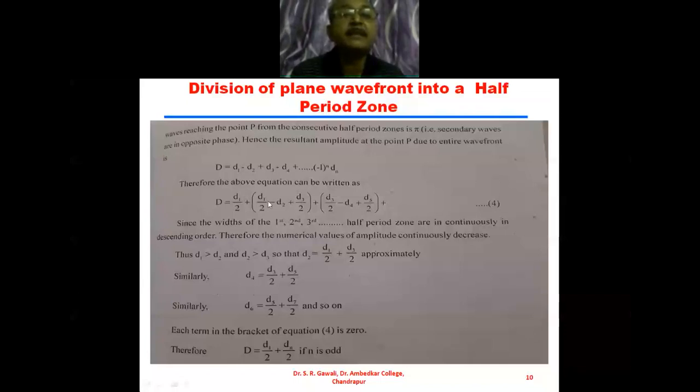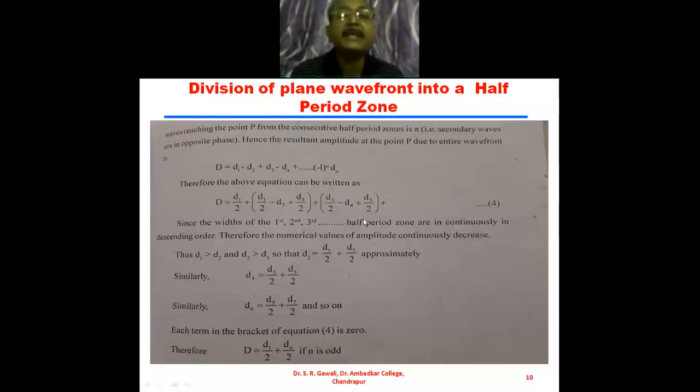So I will write the above equation as d is equal to d1 by 2 plus d1 by 2. I have divided this d1 into 2, d1 by 2 plus d1 by 2 minus d2 plus d3 by 2. I divide this d3 again into two parts, d3 by 2 plus d3 by 2 minus d4 as it is, then d5 by 2 plus d5 by 2 and so on.